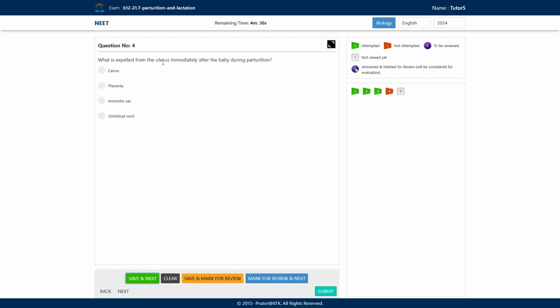Then what is expelled from the uterus immediately after the baby during the parturition? Which structure is expelled from the uterus immediately after the baby is born, after the childbirth? What are the options? Cervix, placenta, amniotic sac, or umbilical cord?